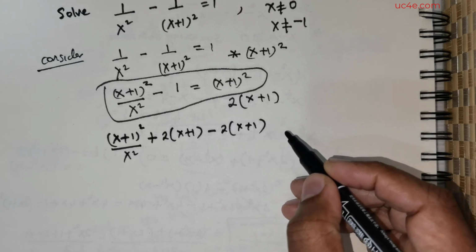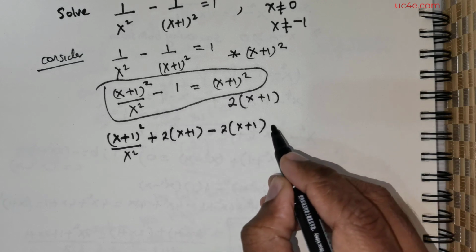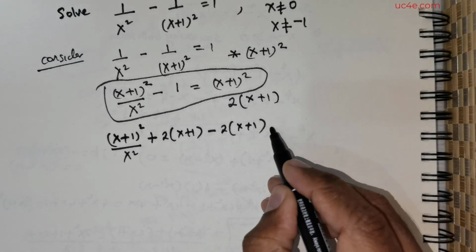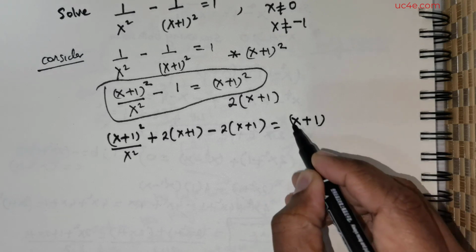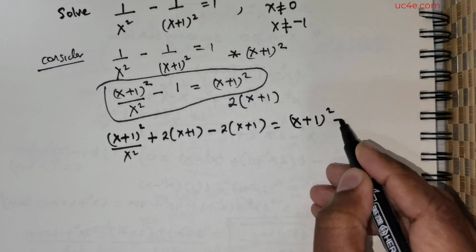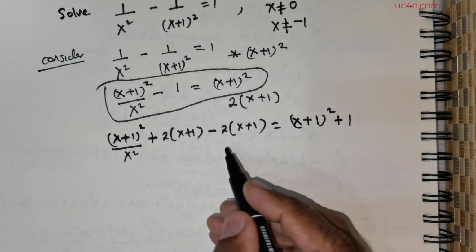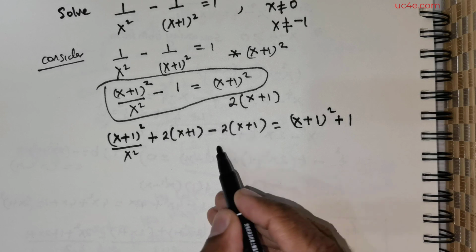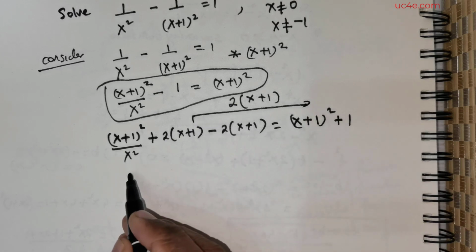So that's fair enough, but I've got a negative 1 here, so I will push the negative 1 to the other side. That would now mean I have (x+1) raised to the power of 2, plus 1. So this is the system that I have got. Now from here, I will retain negative 2 times (x+1) on this side and move this over to the other side.